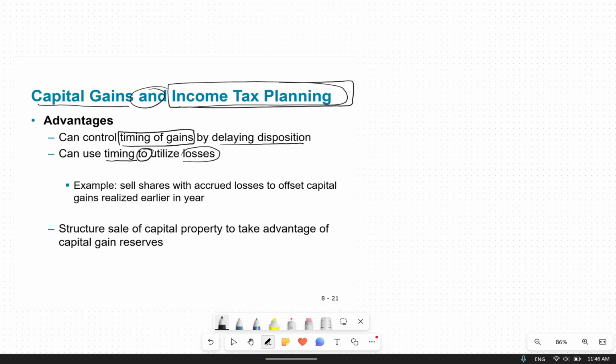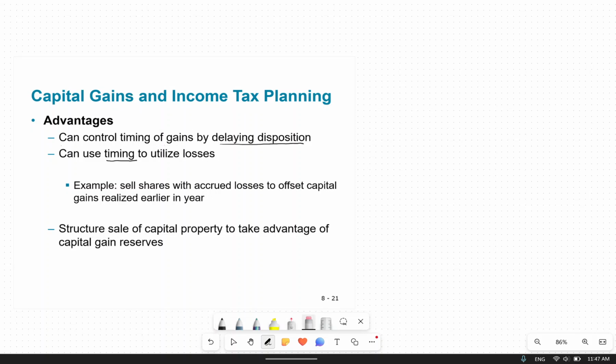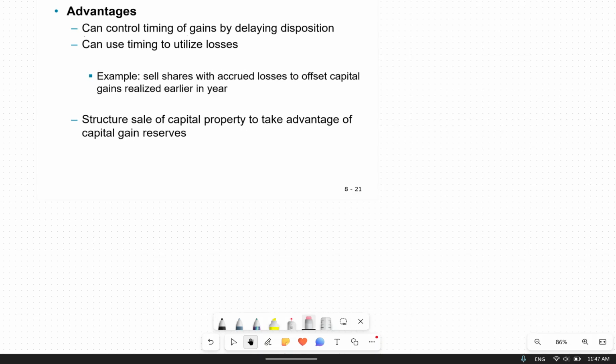So the timing is important. You can also structure the sale of a capital property to take advantage of the capital gain reserve. A capital gain reserve is when you don't receive all the money at once, so you can structure the payments in a way that lets you use the reserve.